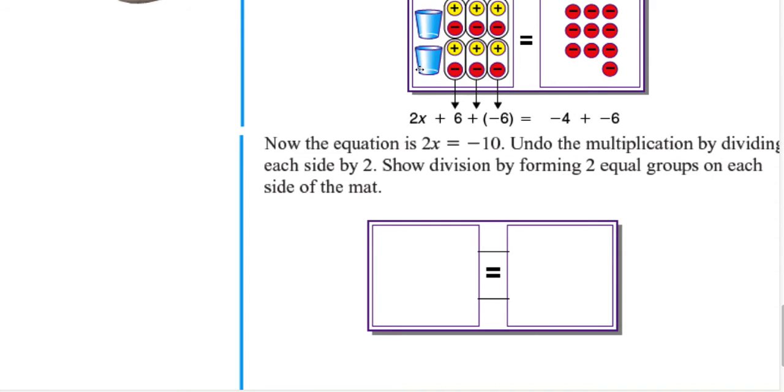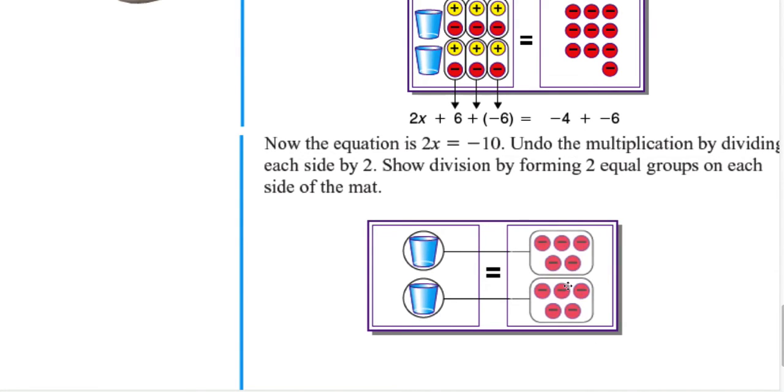We have 2 cups and 10 negative counters, and we want to undo multiplication by dividing each side by 2. So we show division by dividing both sides by 2, circling the 2 cups into 2 groups. In the same fashion, when we divide the left side by 2, we need to divide the right side by 2 as well.